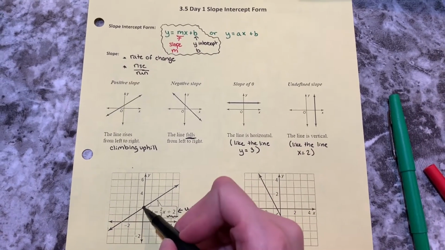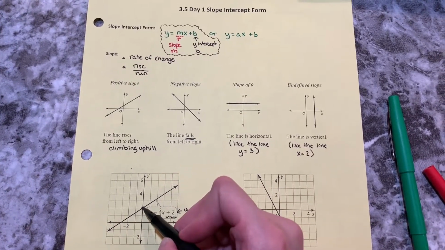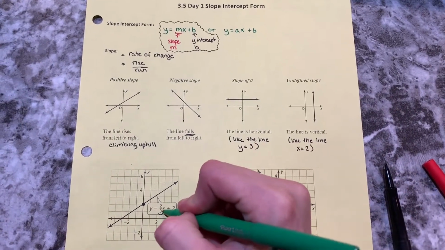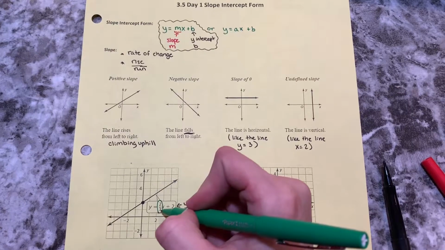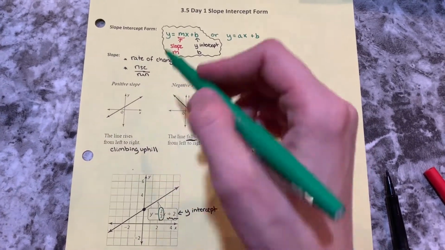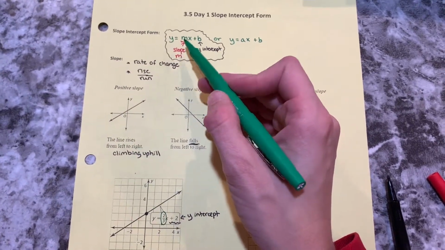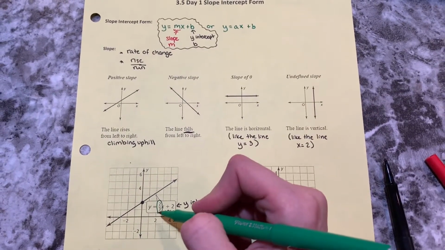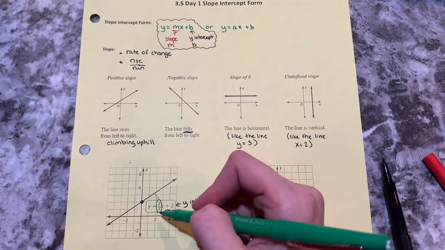And notice how that graph crosses the y-axis at 2. The 2/3 is the slope. Okay, that matches up here where the slope is the number in front of the x. That's the 2/3 in this case.